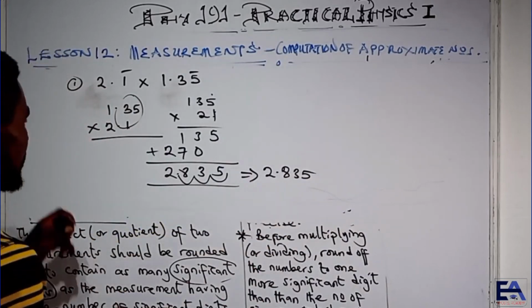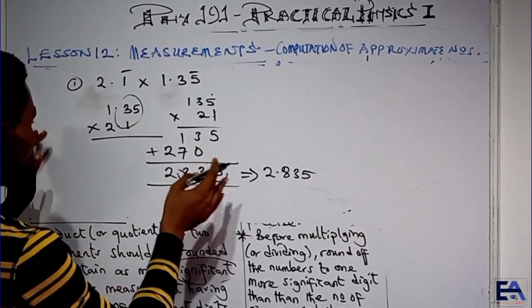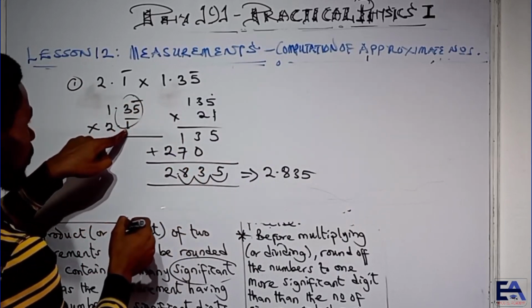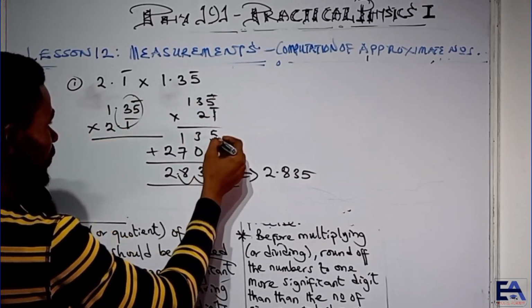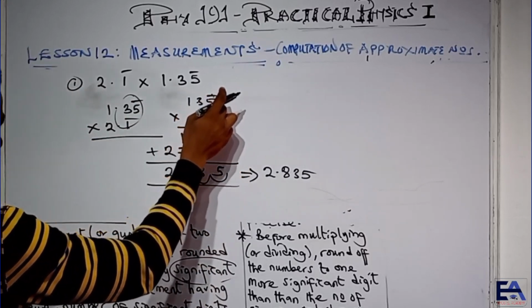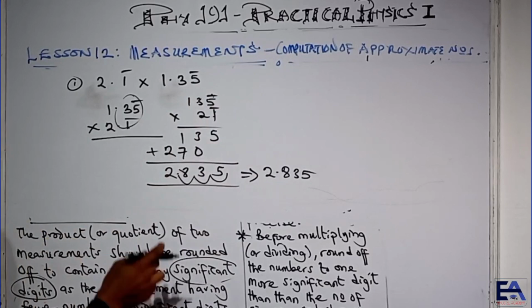Okay? But now during the multiplication, infection happens. The last digit here, the last digit here, right? When one, like this one and this one. So 1 times 5 is 5. 1 times 3, we have this, and then we have this.